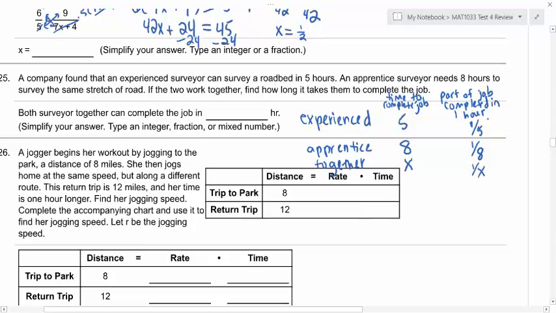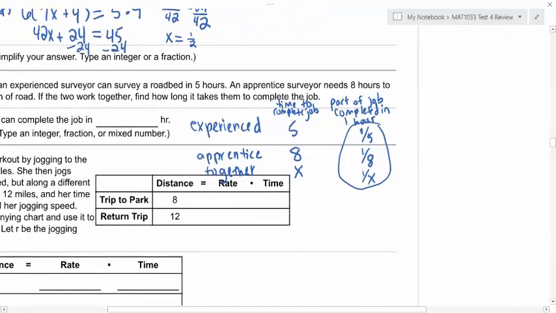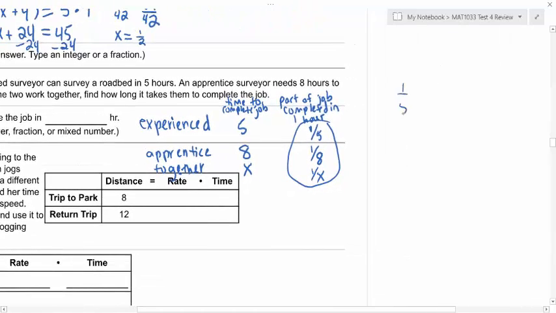So this is the equation we're going to solve: 1/5 plus 1/8 equals 1/x. We're going to solve it by finding the LCD. What would be the LCD here? It would be 40x.